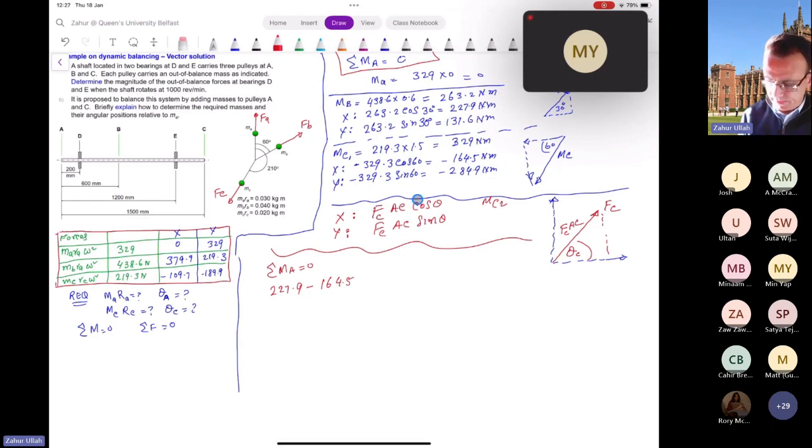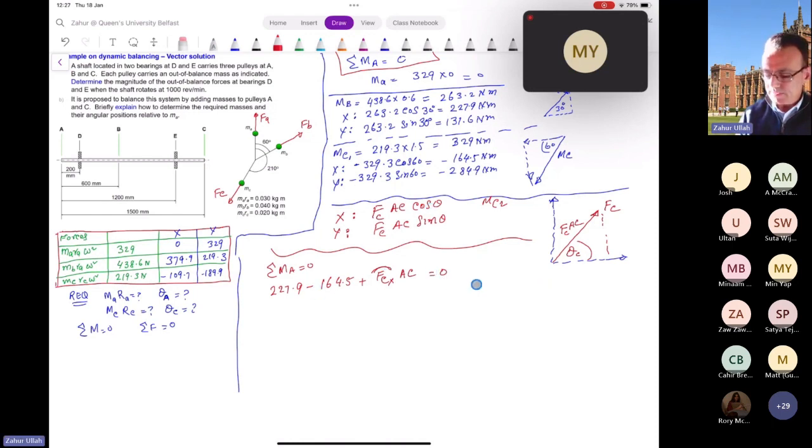We are assuming that this is plus. So we call this FCX, because it is the X component and the distance is AC here, and it equals 0. So this FCX is basically FC cos theta.